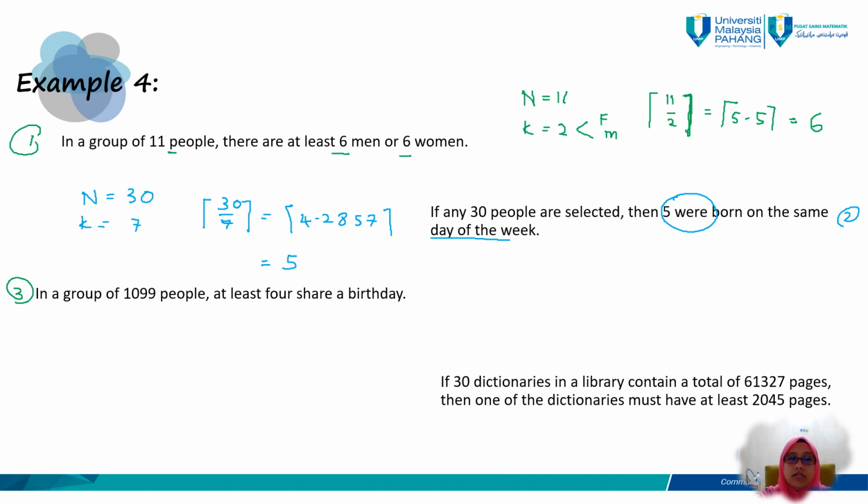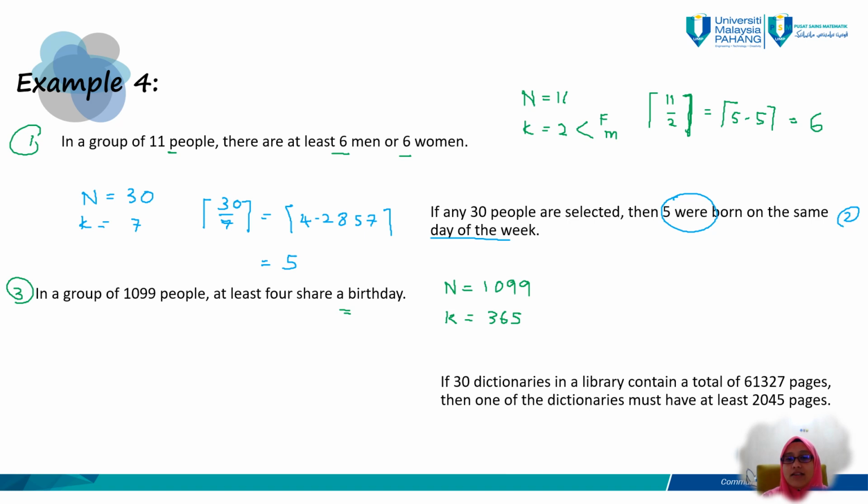In a group of 1099 people, at least 4 share a birthday. So what is your object here, guys? Our object is 1099 people. So what is the K? The value of K: it says at least 4 share a birthday, so 1 year we have 365 days.